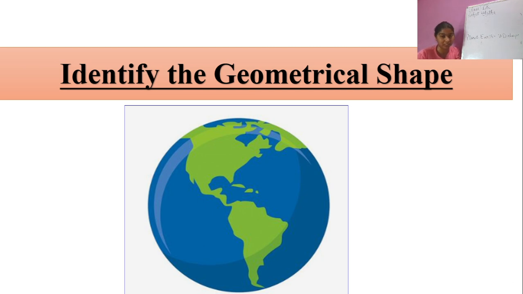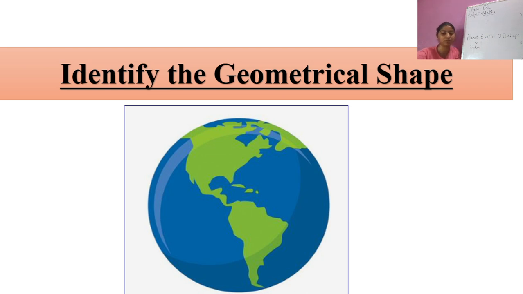It is basically a sphere, right? We studied the sphere in the previous class, where we discussed a few examples. A sphere is a three-dimensional shape which looks like a circle in 3 dimensions. So this is the geometrical shape you identified.